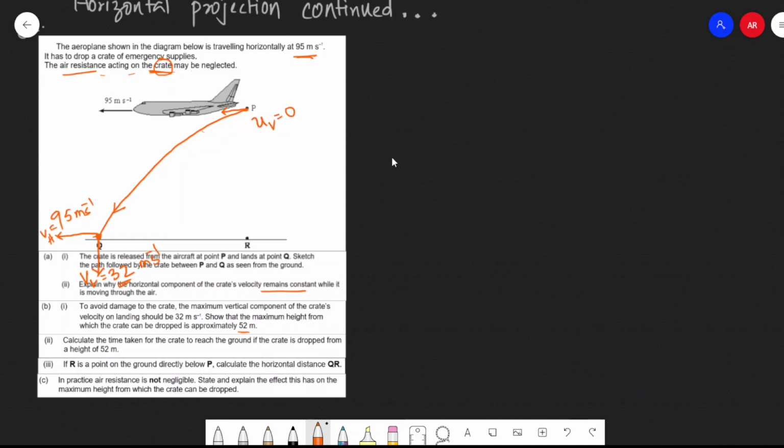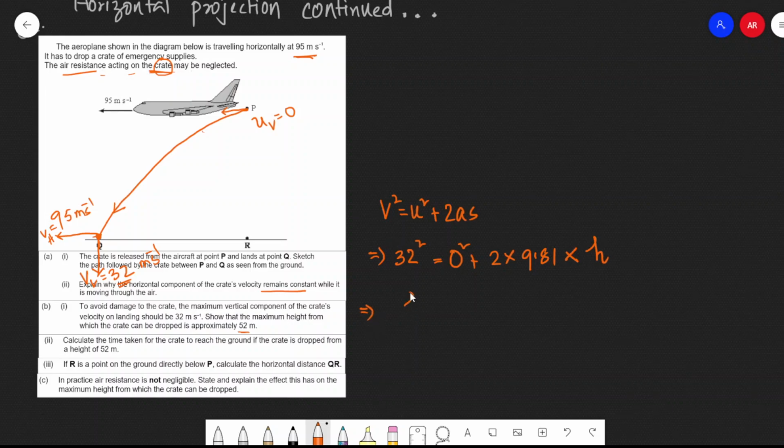So we'll make use of the equation v squared equals u squared plus 2as. Here the vertical velocity v is 32, u is 0, a is 9.81, the gravitational acceleration, and s is the vertical height we are going to find. So check it out: you are supposed to get approximately 52 meters.